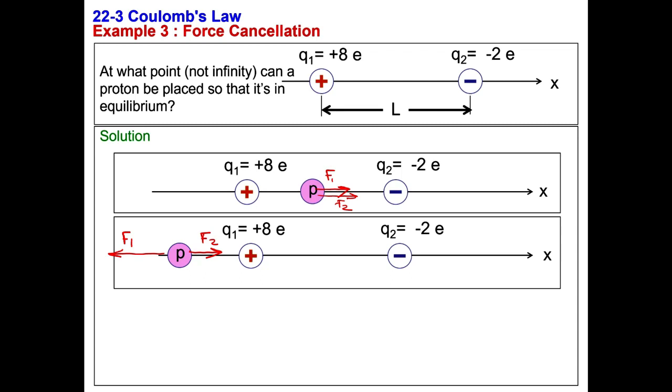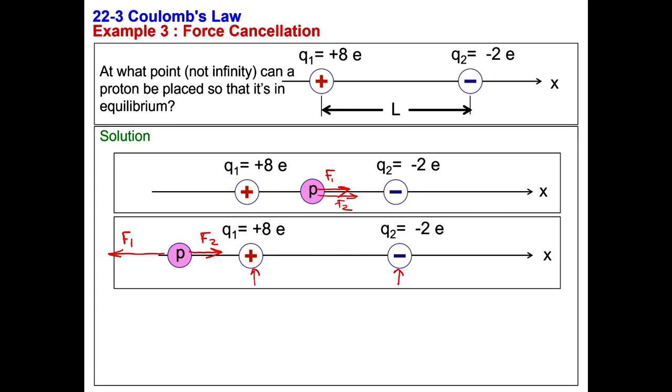Notice that this charge, the magnitude of charge is larger and it is closer. So the magnitude of this force F1 due to this charge is going to be always larger than F2, because this charge, the magnitude of the charge is 2e, so it's small and it's further away.